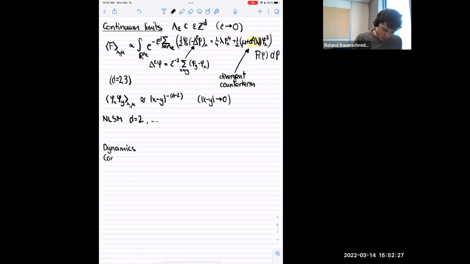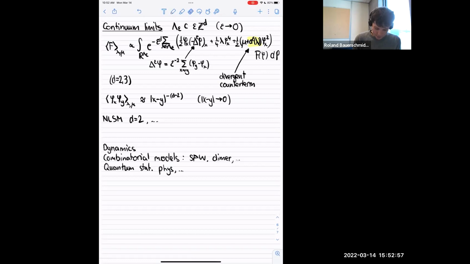You can look at more combinatorial models, such as self-avoiding walks, dimer configurations, etc. You can look at maybe quantum statistical physics models. Etc., and others.